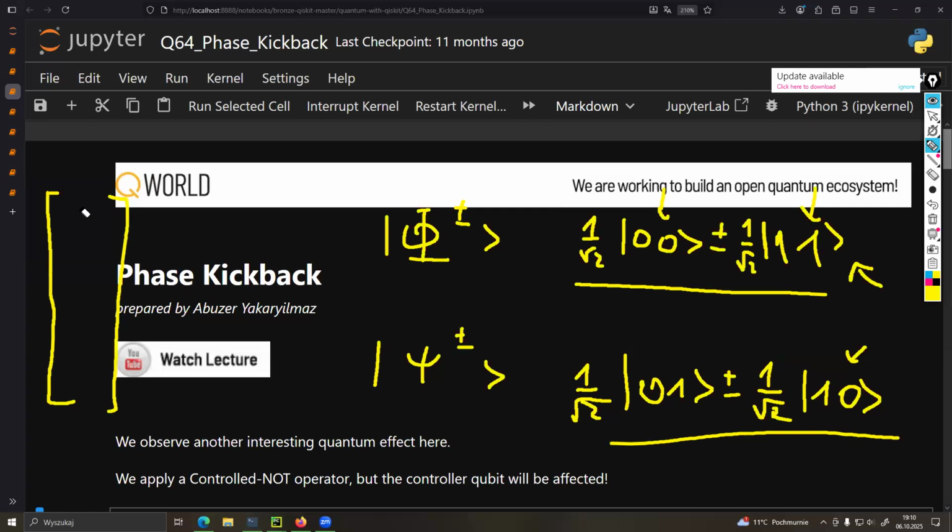So I could have, let's say, 1 over square root of 2, 1 over square root of 2, and then 0, 0. But I can have a plus and minus here, or minus and minus. So there are different possibilities to this, right?